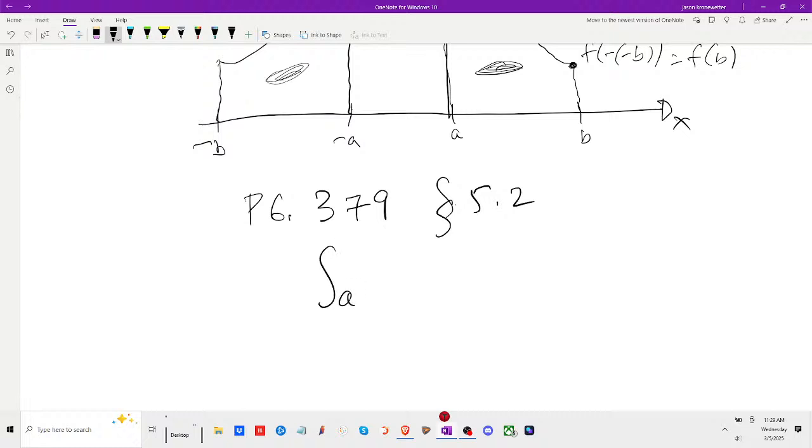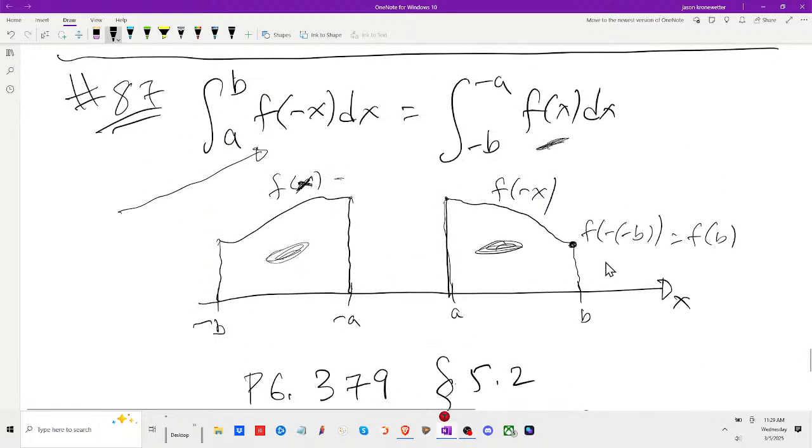It's this fact that the integral from a to b of f of x dx is equal to negative the integral from b to a of f of x dx. I'm not going to dwell on that too much. We're going to use this fact. I just wanted to show you where I got it in the book.